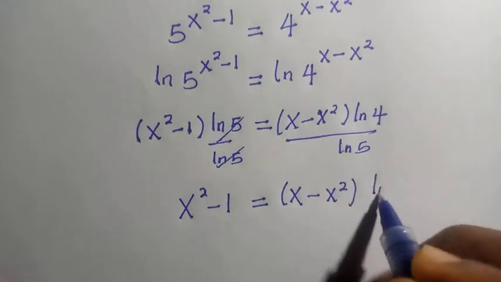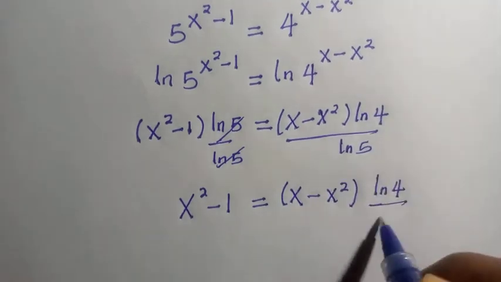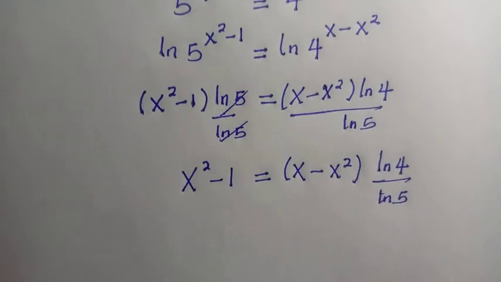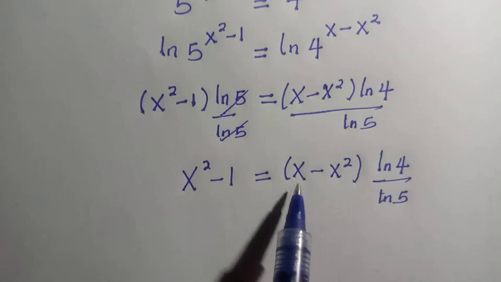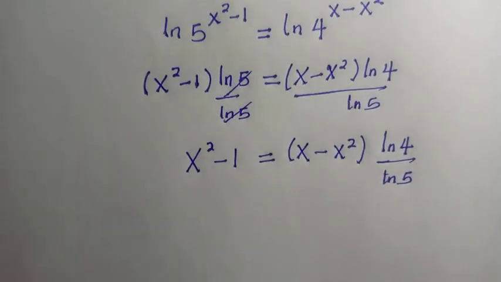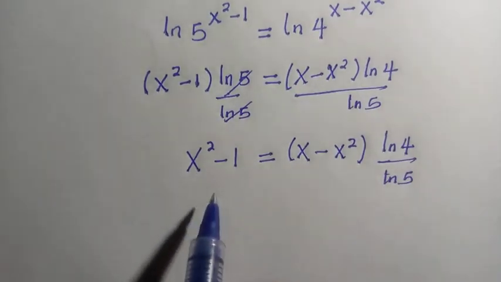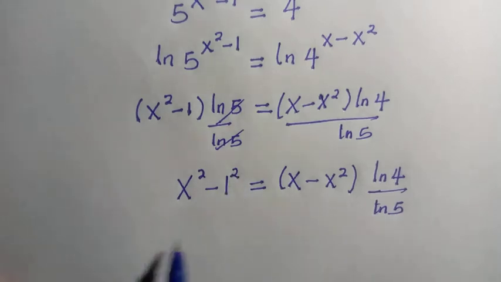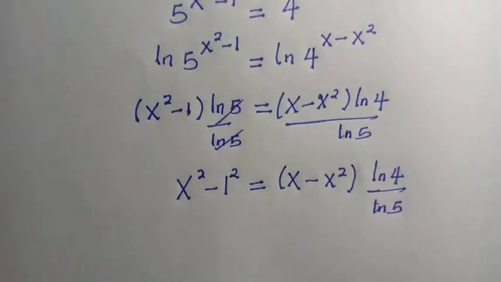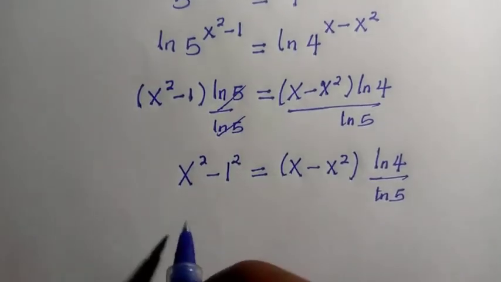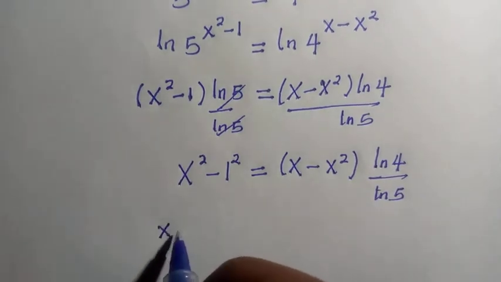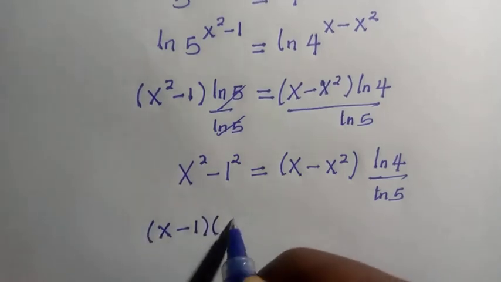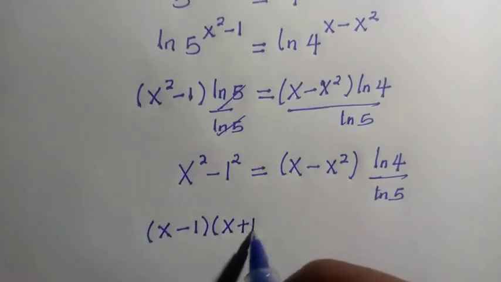Then let's take this together also, ln 4 divided by ln 5. And with what we have here, we have x minus x squared. So here is x squared minus 1. If I write this one as 1 squared, we call this one difference of two squares, which we can write as x minus 1 open bracket x plus 1.